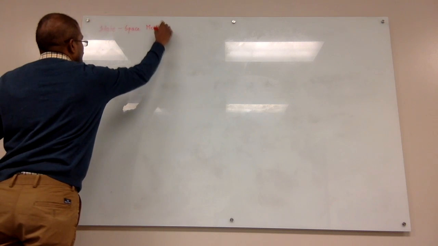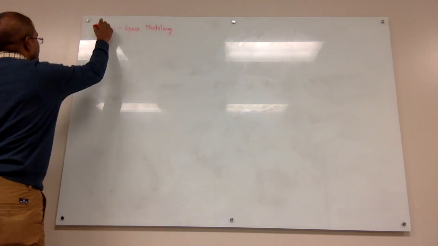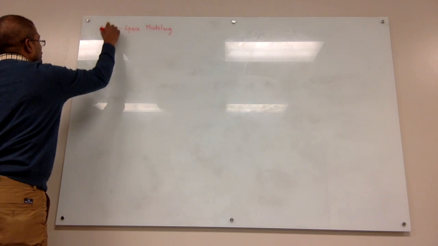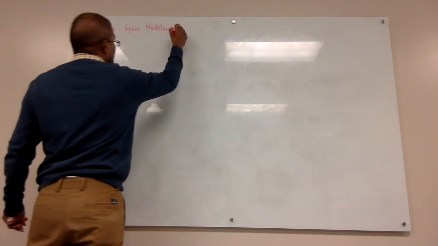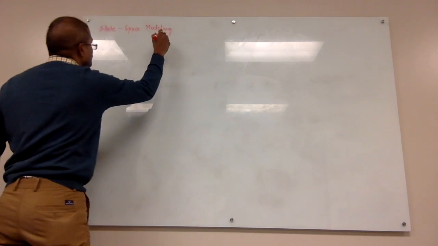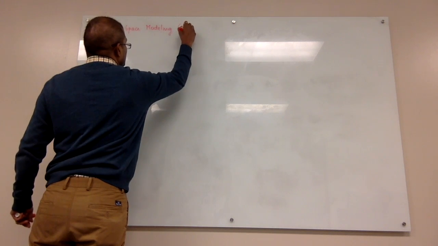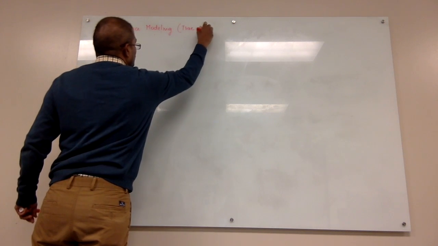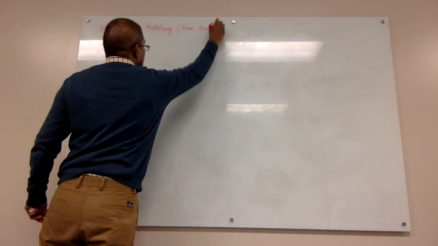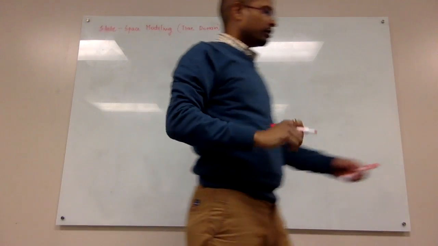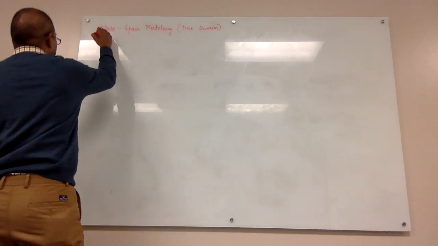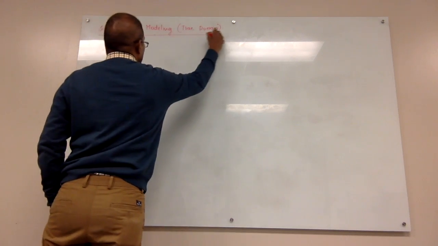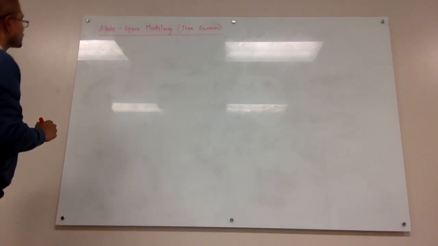Okay, we've been discussing state space modeling. This is the other time domain modeling. So what we have done is, for the state space modeling, we have developed this model.